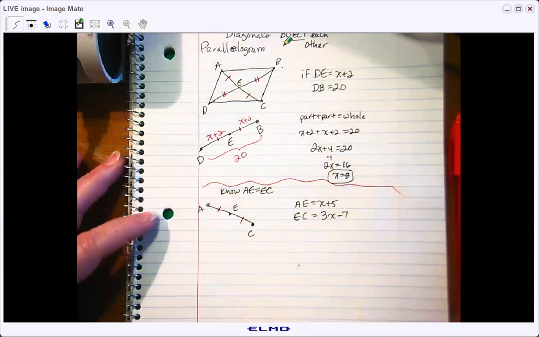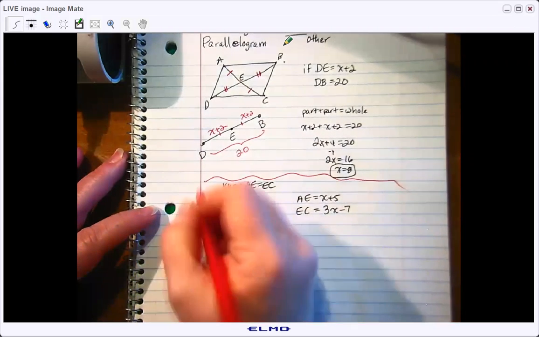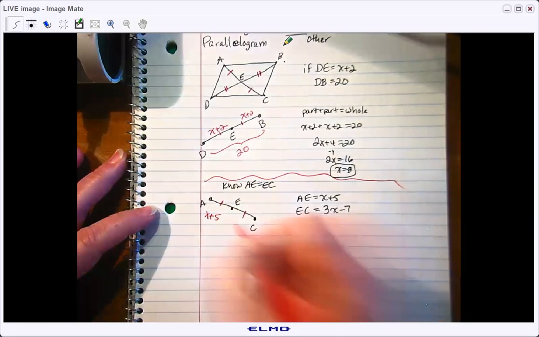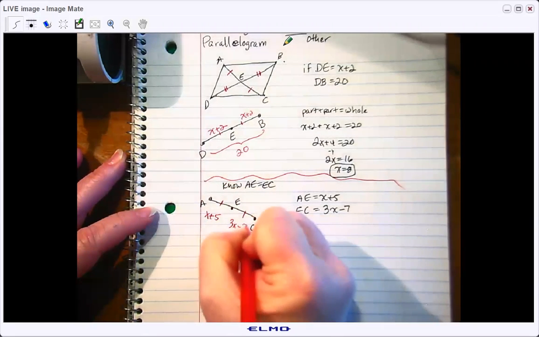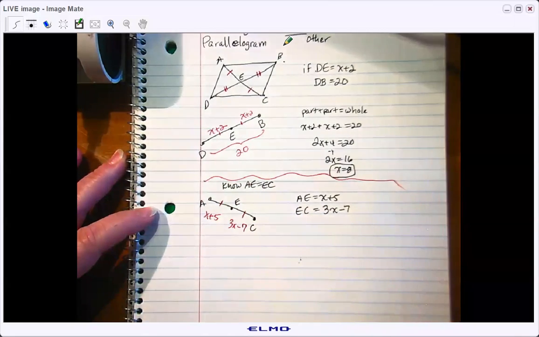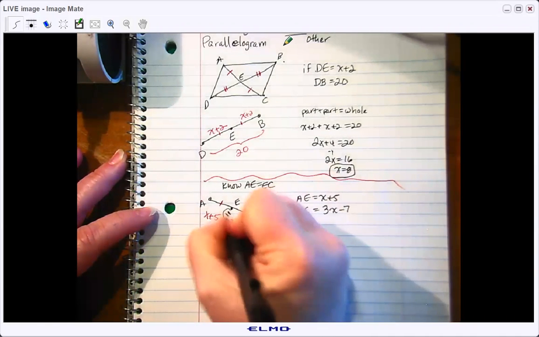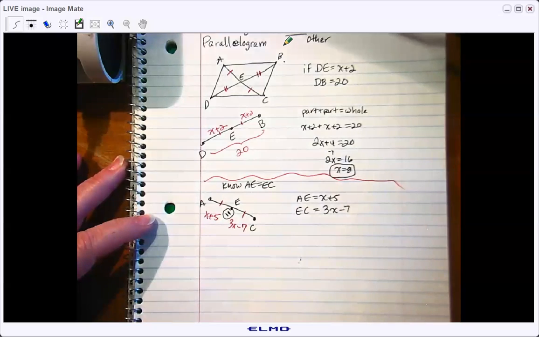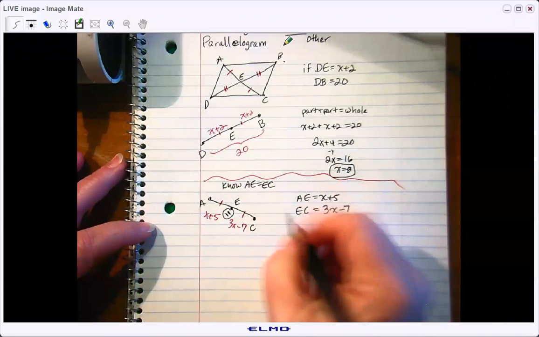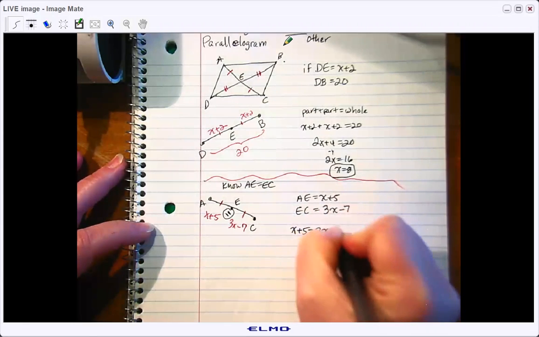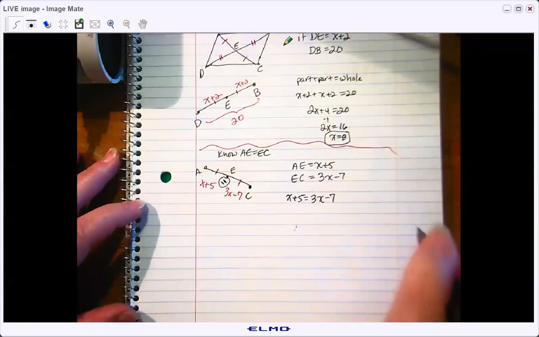So let's label what we've got. We've got x plus 5 over there. We've got 3x minus 7 for that one. Well, if we know that they're equal, then that becomes my equation. So I will say that x plus 5 is equal to 3x minus 7 and continue to solve.